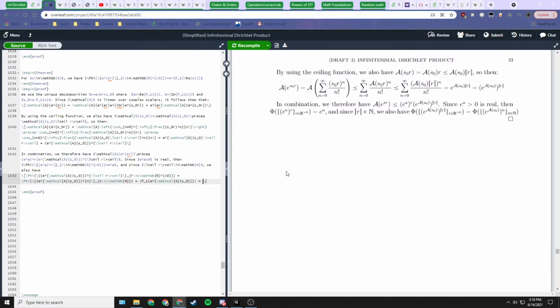And then just by pulling this through, this is the absolute value of, actually this is fine, this is just e to the power of p sub 1 of a s0, which is 0. Wow.